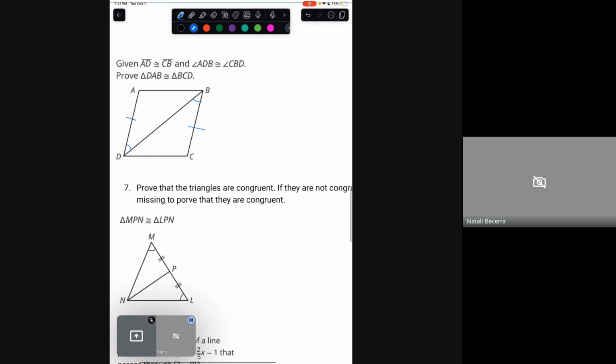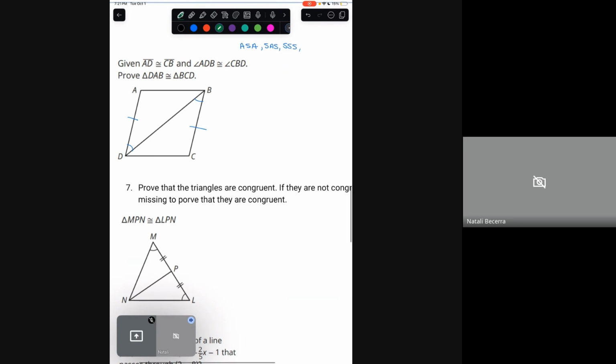So remember, we have angle, side, angle, we have side, angle, side, we have side, side, side, and we have other ones, but these are like the main ones. Okay, so if I know that AD is congruent to CB, first of all, I know I have an angle and a side, so it's not going to be side, side, side.